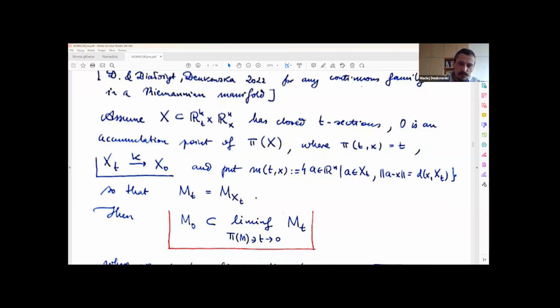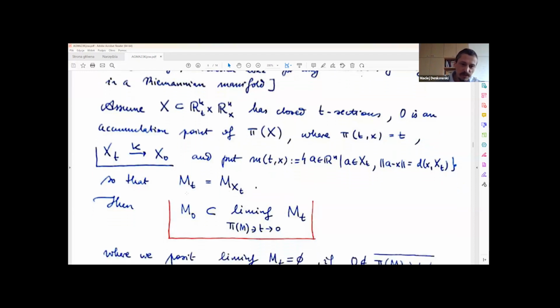I omitted one more notation, but it doesn't matter. M_t is just the medial axis of the section at t. Then the medial axis of the limiting section has to be a subset of the lower limit of the nearby medial axes, the medial axes of the nearby sections.